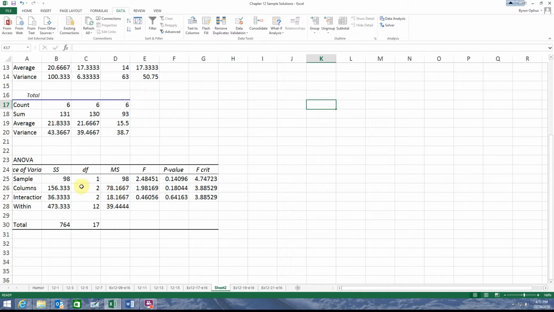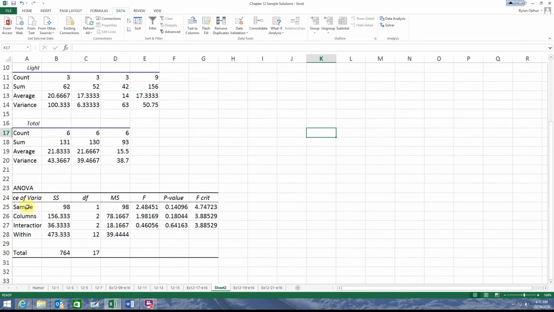Our null hypothesis would be that the means of, I believe, the samples are the rows, that the means of those are similar, and if our F calculated exceeds this, we would reject the null. So in this case, we would not reject the null, and so we would say that they're probably equal.